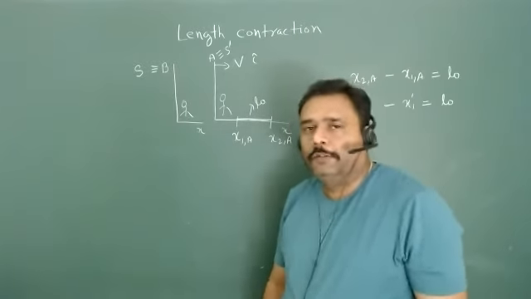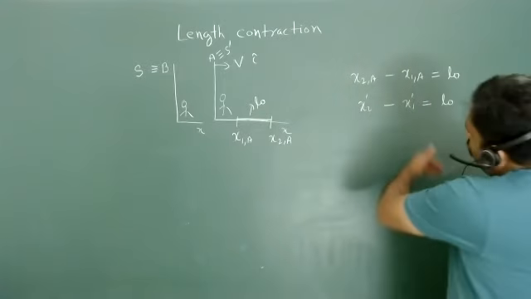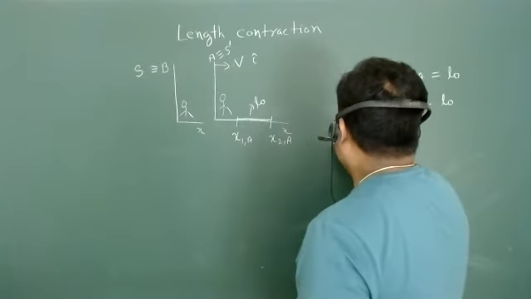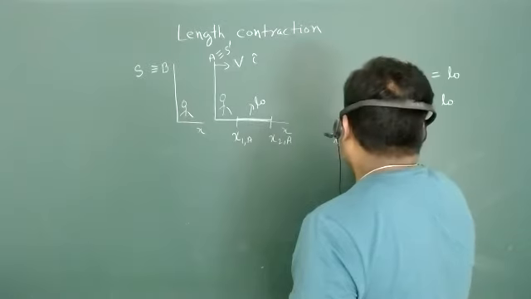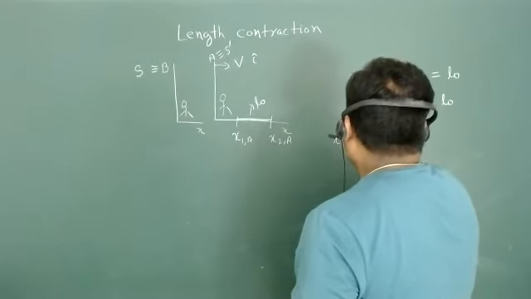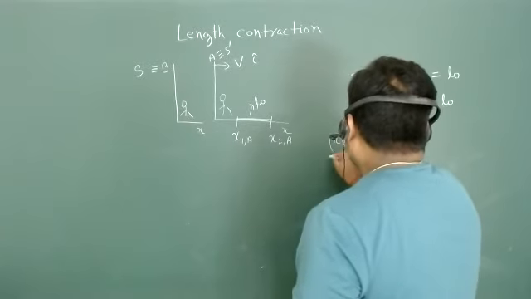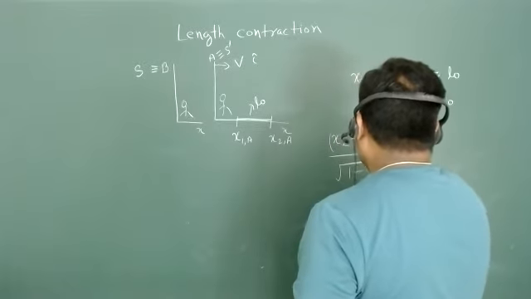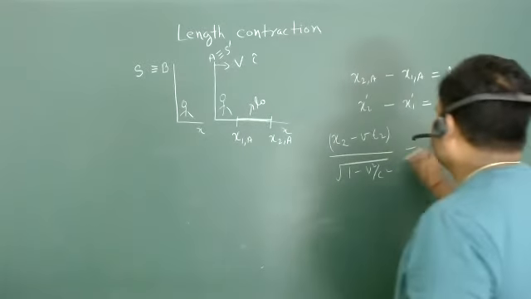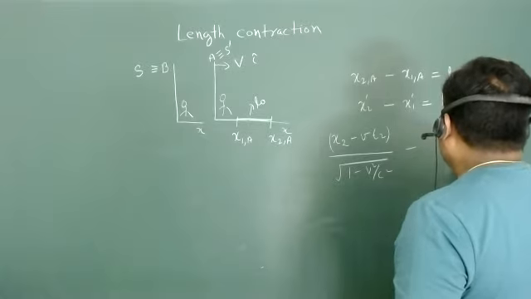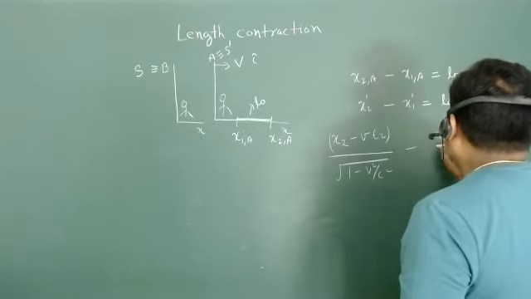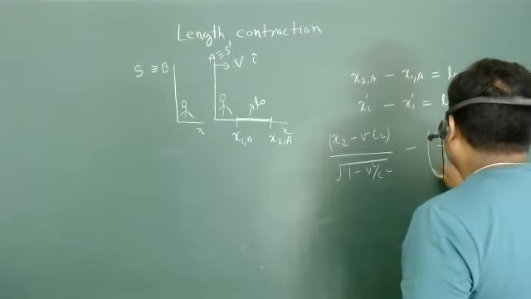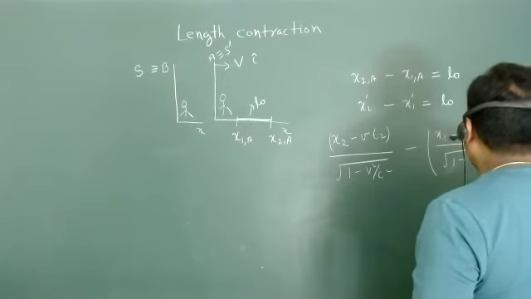So I am just going to transform these coordinates: x2 minus vt2 over root under 1 minus v squared by c squared, minus x1 minus vt1 over root under 1 minus v squared by c squared, and that should be equal to L0.